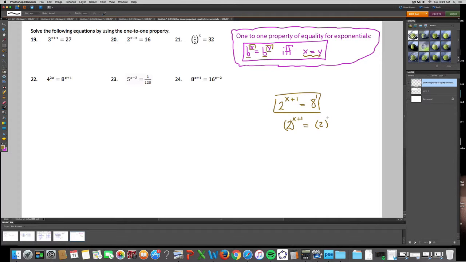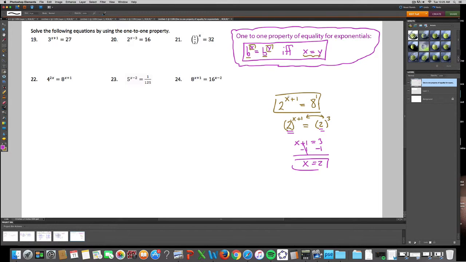So I get 2 to the x plus 1 is equal to 2 to the third. This is only true if their bases are equal and also if their exponents are equal. So at this point, we could conclude that x plus 1 equals 3, and by subtracting 1 from both sides, we get x equals 2.